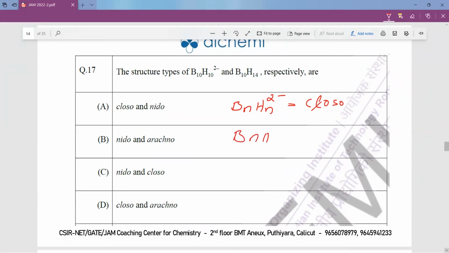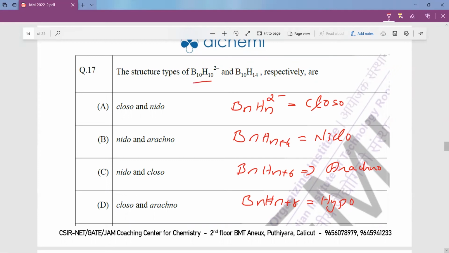BnHn+4 is nido. BnHn+6 is arachno. BnHn+8 is hypho. If you know these things, it's very easy. This will be closo. This will be B10H14. So it will be closo and nido. Option A is the right answer.